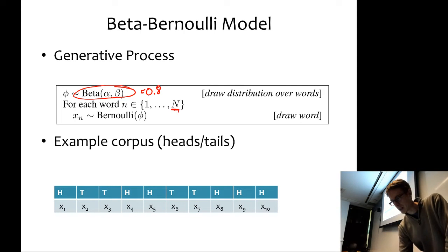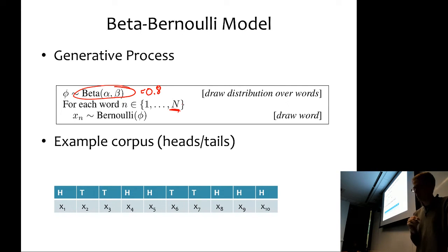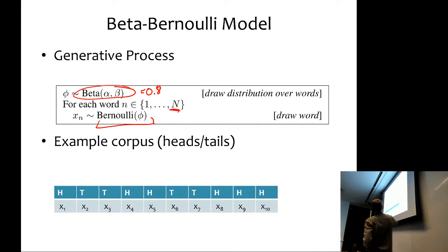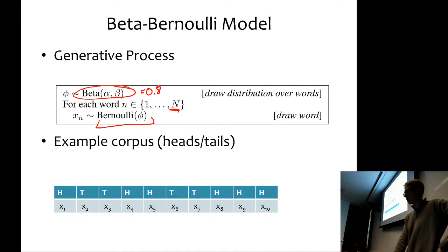So we have n coin flips, and for each one, we're going to use a Bernoulli distribution. How do we take a sample from a Bernoulli distribution with parameter phi? Well, we just flip a coin with weight 0.8. With weight 0.8, it comes up heads, and with weight 0.2, it comes up tails. So we flip it a bunch of times, and that gives us 10 different samples from this beta-Bernoulli model.